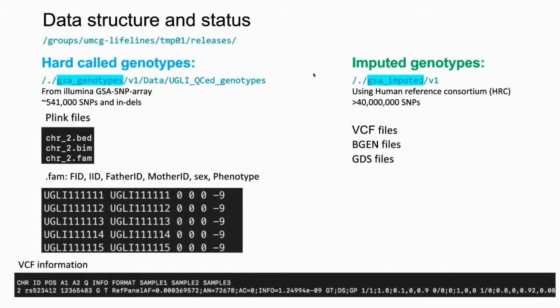The second kind of format that we have this data in is the imputed genotypes.